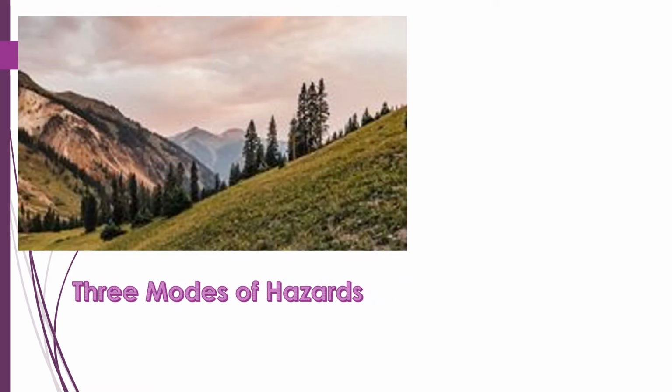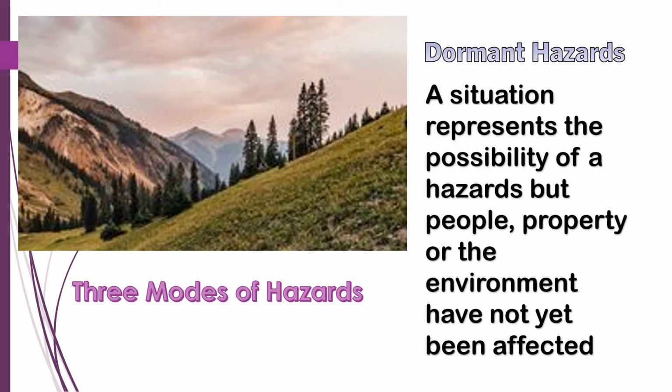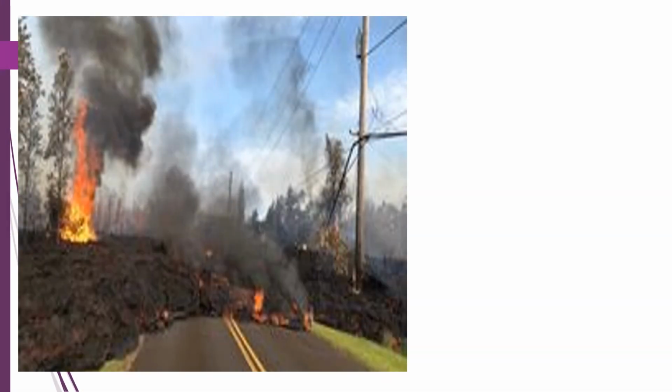Hazards are sometimes classified into 3 modes. For instance, a hillside. Number 1, dormant hazards. A situation that represents the possibility of a hazard, but people, property, or the environment have not yet been affected. Volcanic eruption is an example of armed hazards.